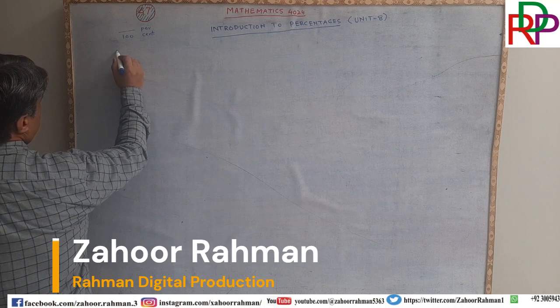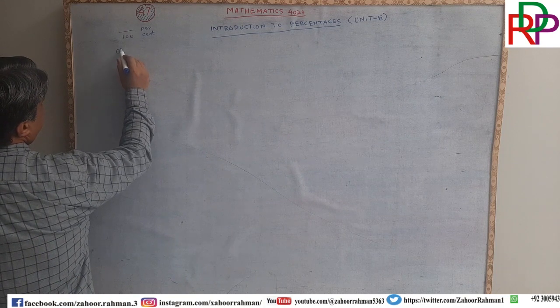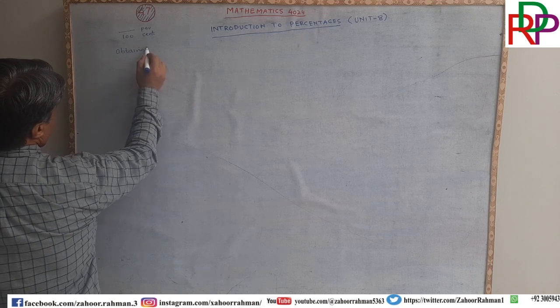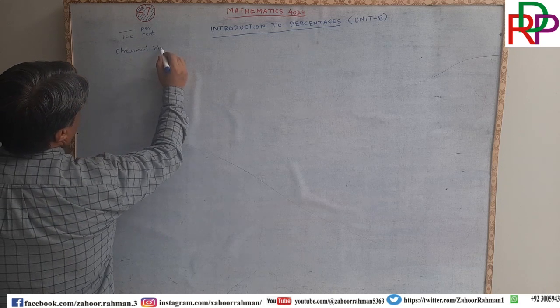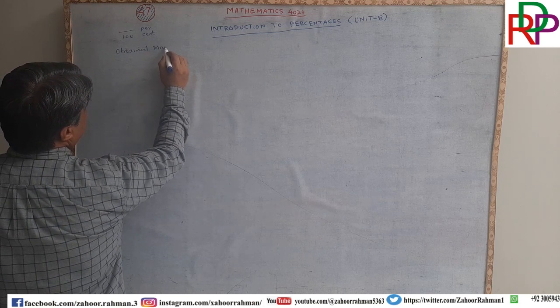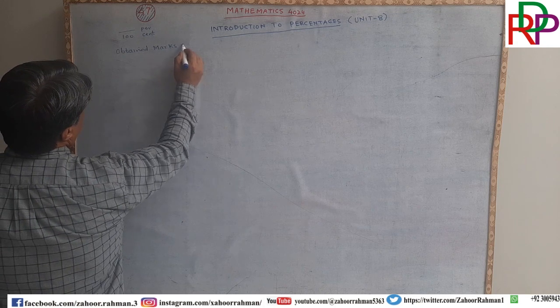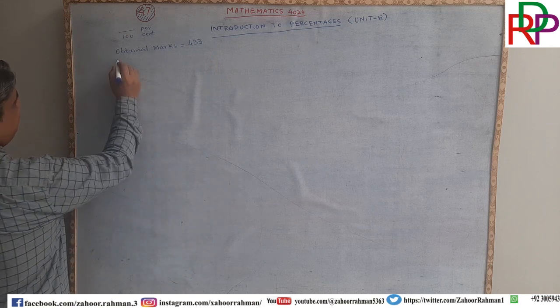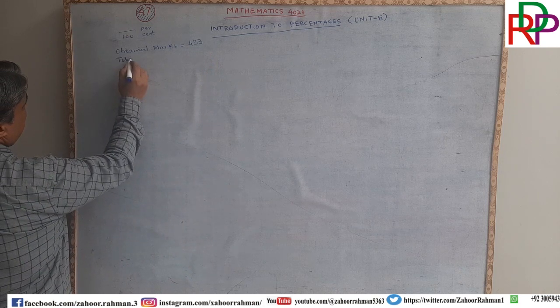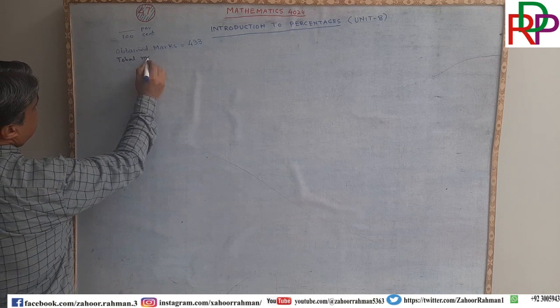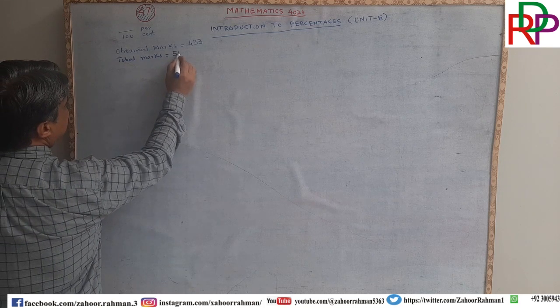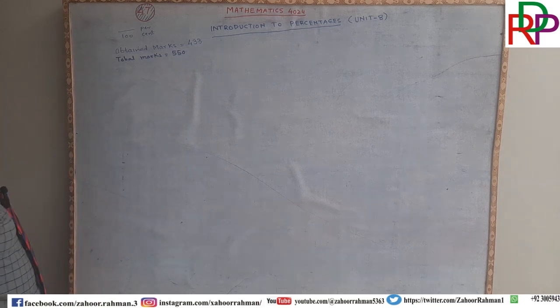If you are getting marks 433, and total marks are 550.